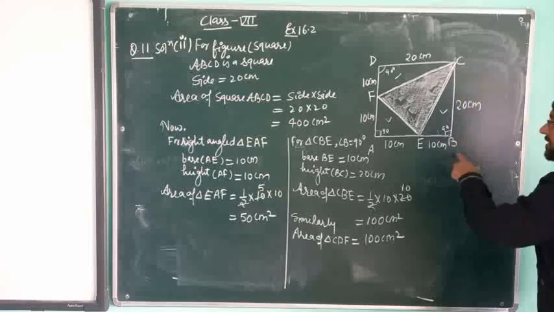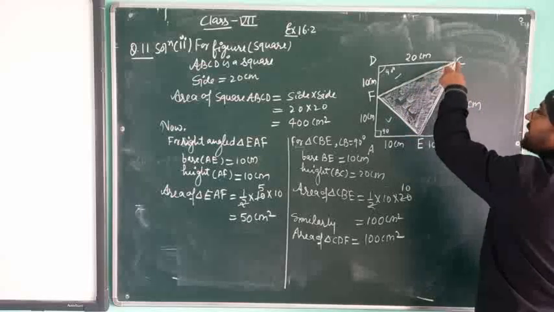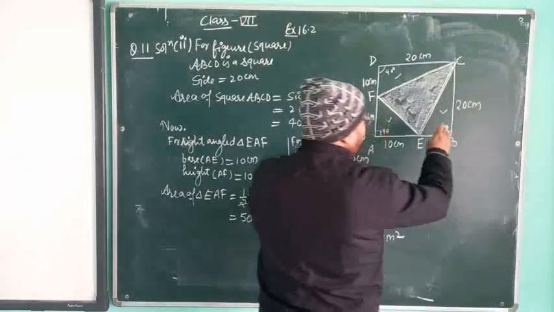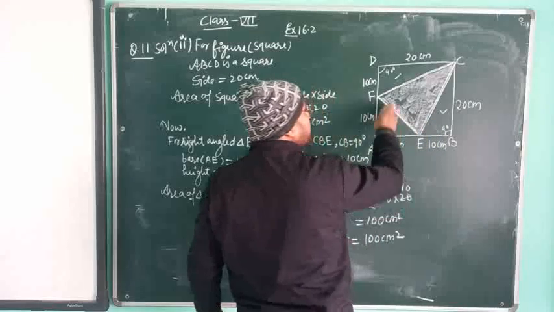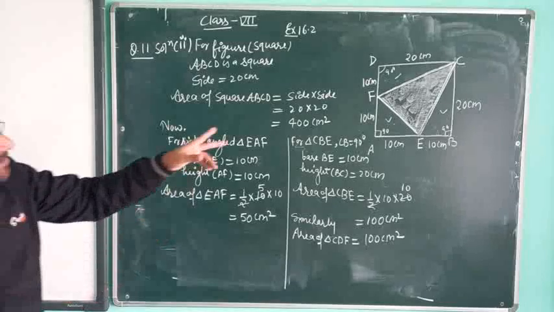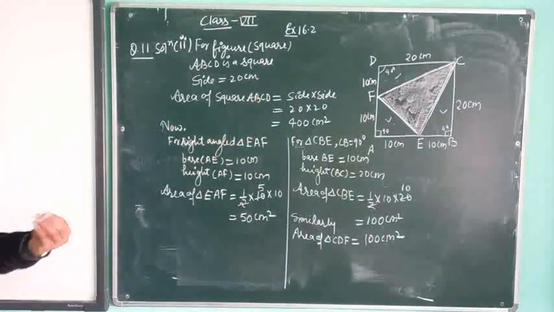Now we have found out the area of this triangle and this one and that one. So from the total area, if we subtract these three areas, then we will get the area of the shaded region.